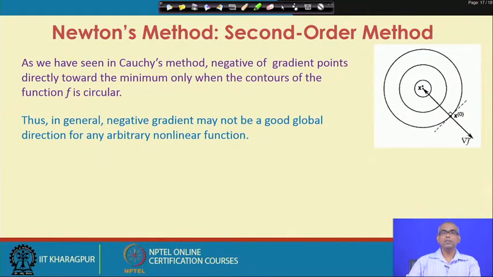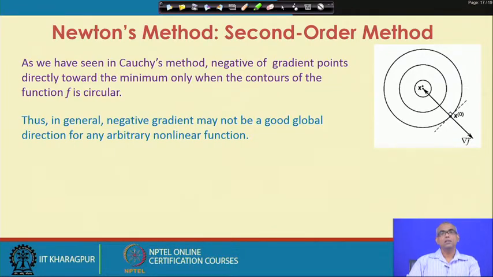This will happen with quadratic functions such as x square plus y square. If you have an objective function like f equal to x square plus y square, the contours will be perfectly circular and the negative of the gradient, if you consider it as a search direction, will point directly towards the minimum.